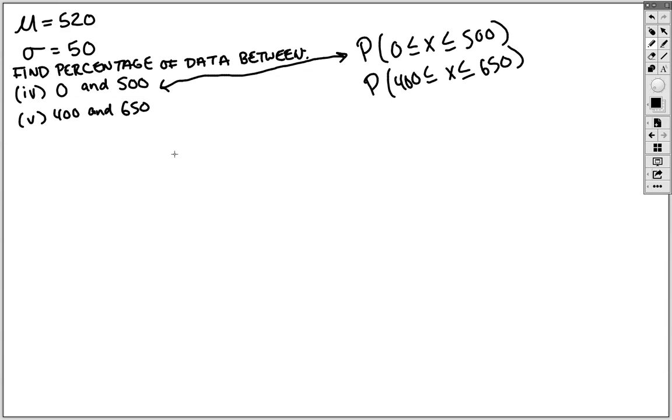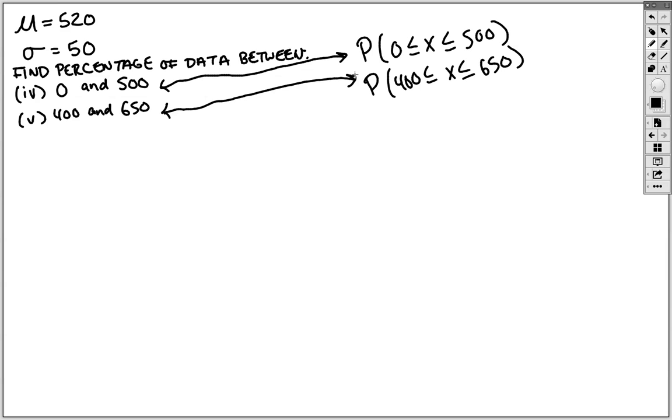It's just a different way to word it. What's the probability somebody scores between 0 and 500? What's the probability that somebody scores between 400 and 650? That's the same question as find the percentage of data between those two numbers.